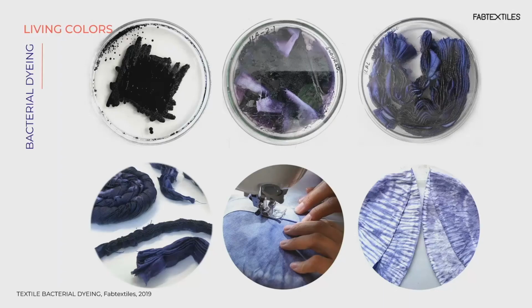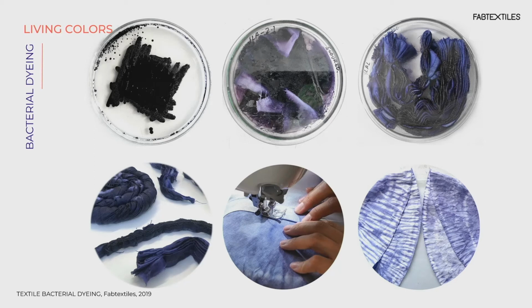And these ones, we can make them grow on fabrics. So directly they can dye the fabrics without the use of any water. And they can start colonizing the fabric and giving it its color. Here you can see the tie-dyeing technique. It's when you fold the fabric.